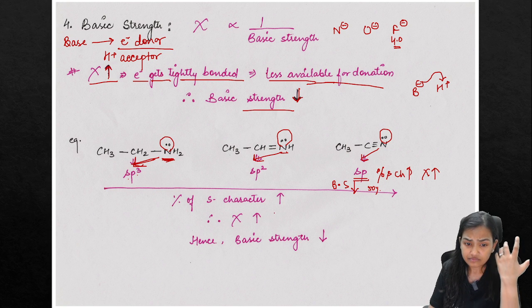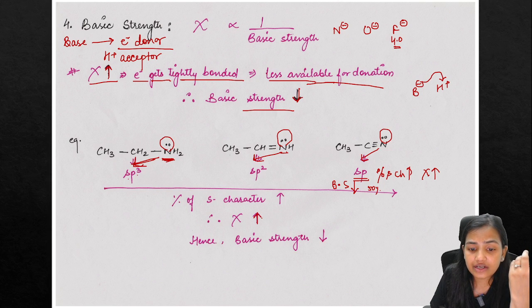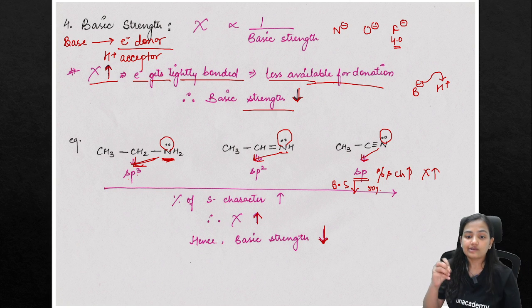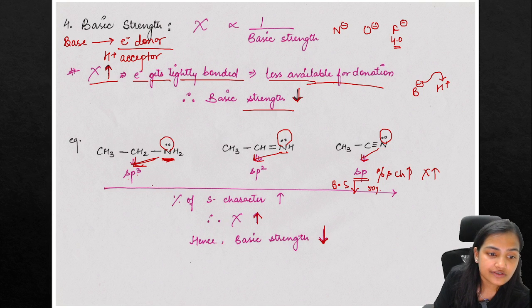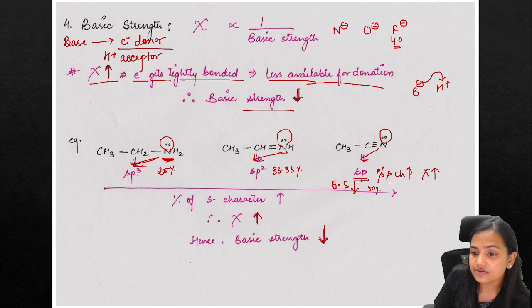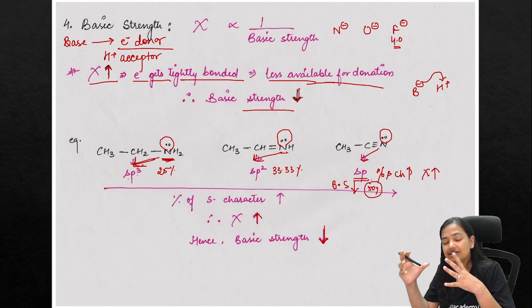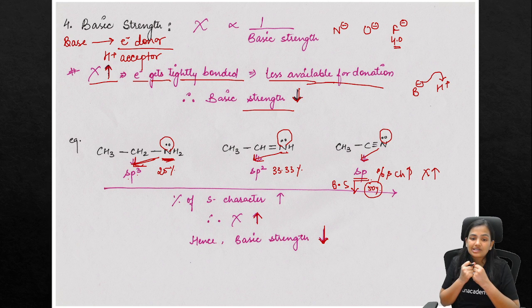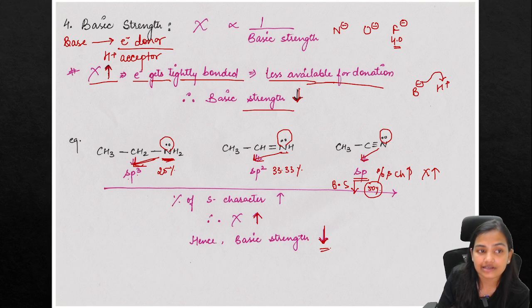Here the percentage of S character was 25%, this was 33.33%, and this was 50%. As the percentage of S character increases, the electrons are more tightly held, less available for donation, and hence the basic strength decreases.